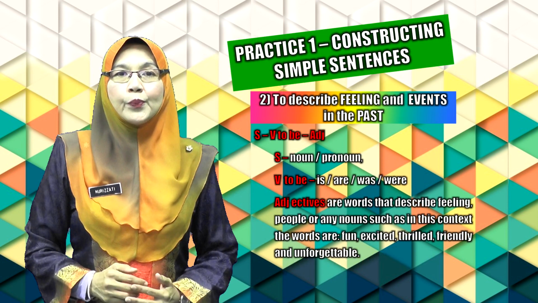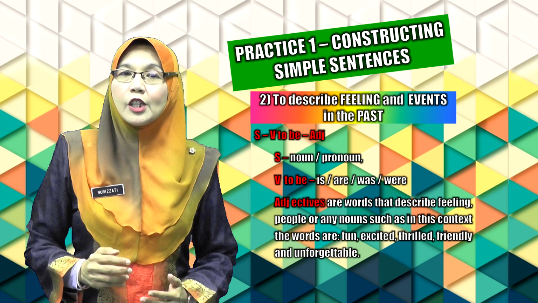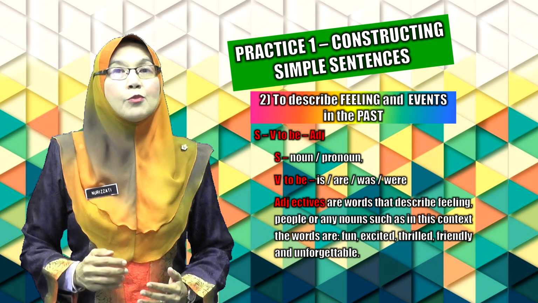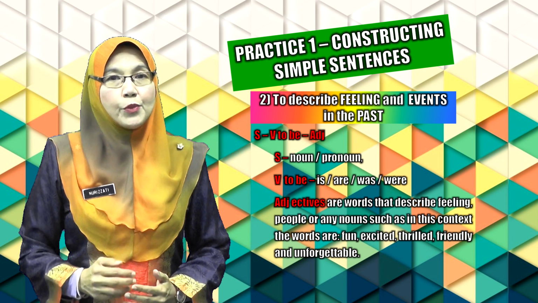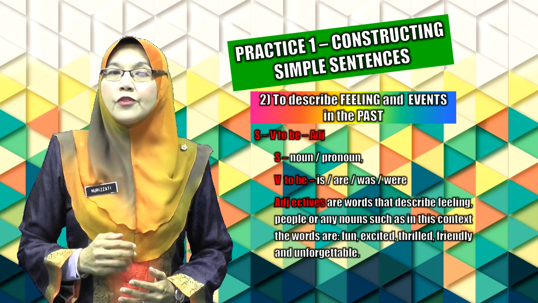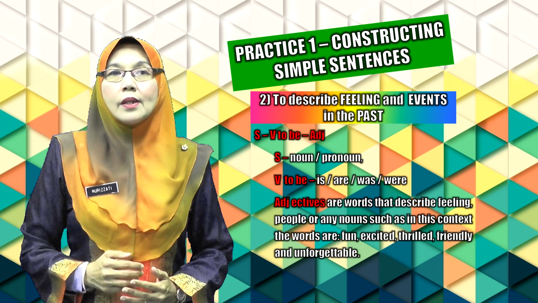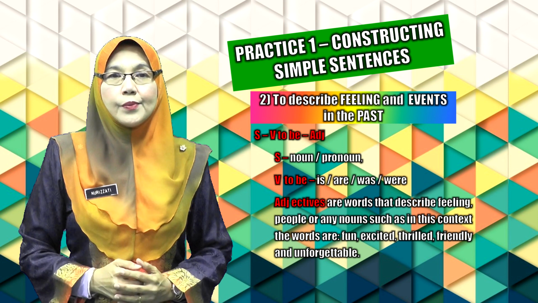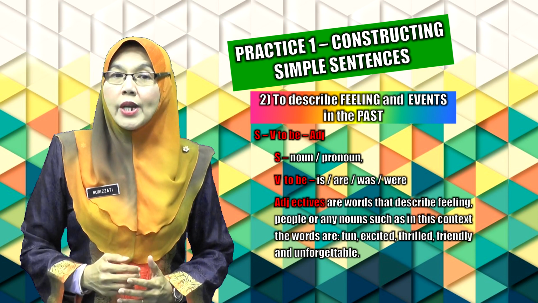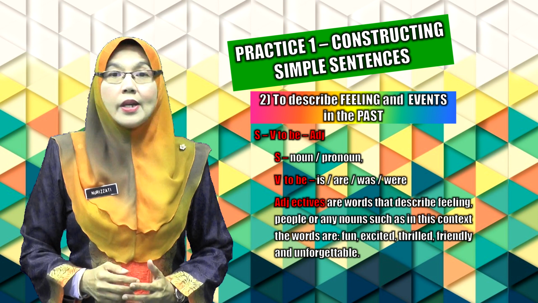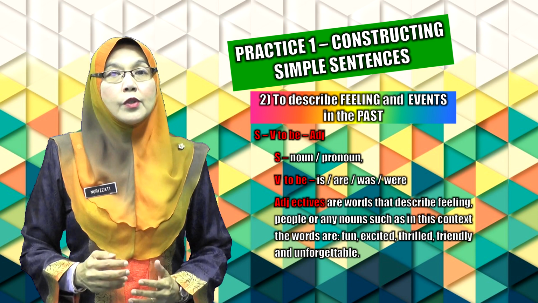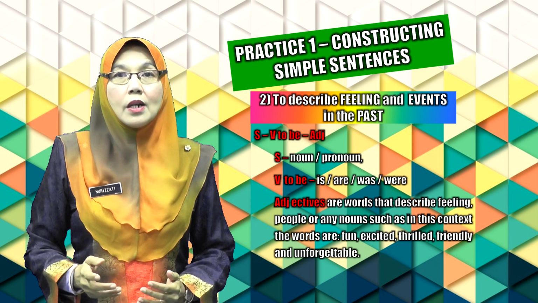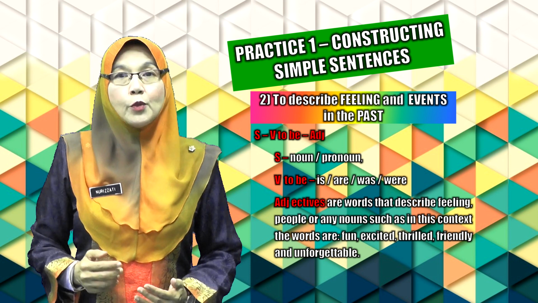Number 2. To describe feeling an event in the past, we use subject, verb to be, and adjectives. The subject is for nouns and pronouns. Verb to be is for is, are, was, and were.